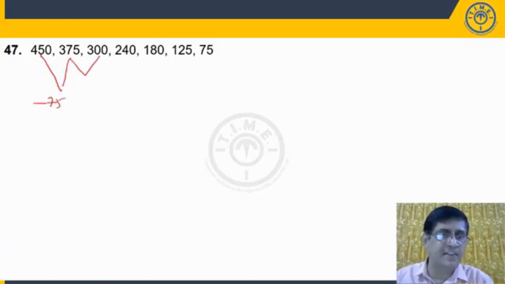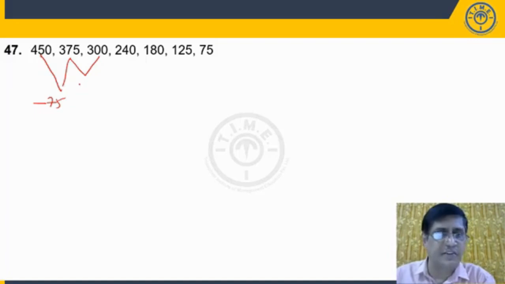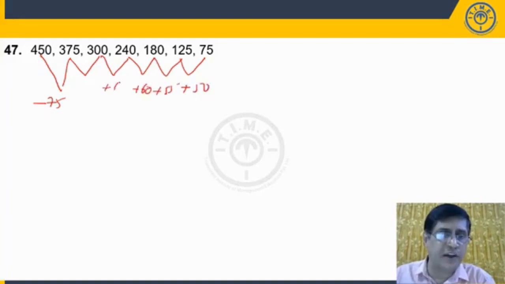And what is the difference here? 75. If you observe the differences here, it increases by 50, it increases by 55, it increases by 60, it increases by 65 and so on.